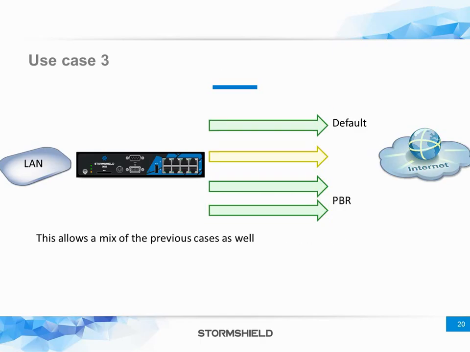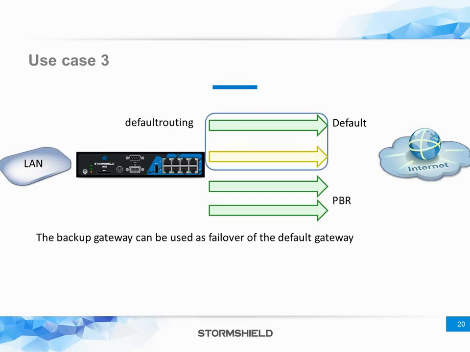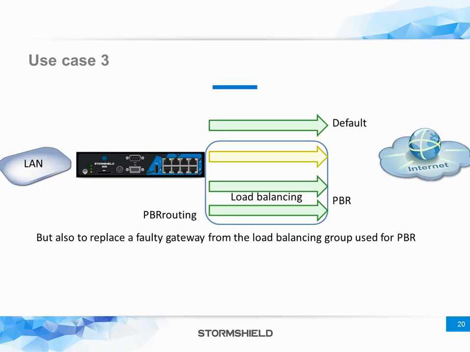We can also mix the previous cases, with the first router object using failover for the default routing policy. So this is what we could do in version 1. But we also have another router object which allows for both load balancing and a failover that is not the default gateway for our policy-based routing configuration.